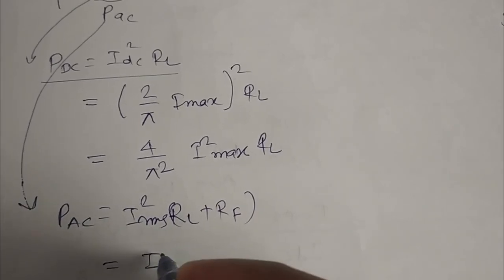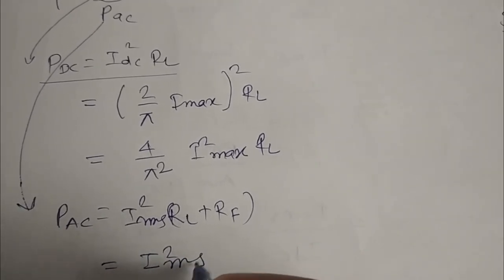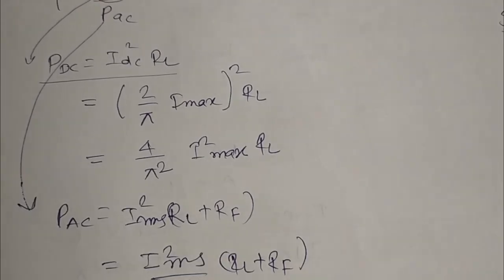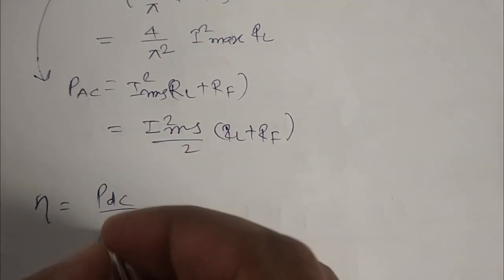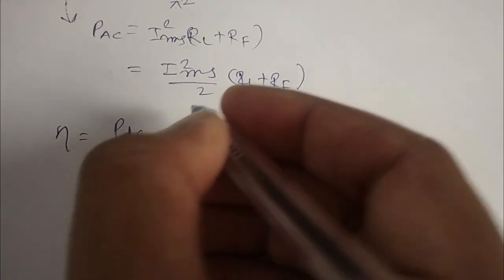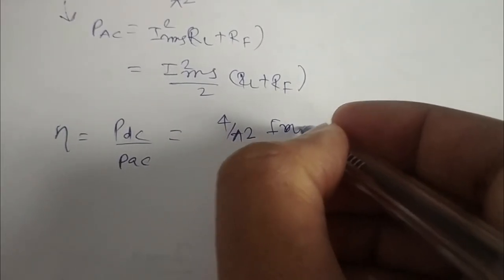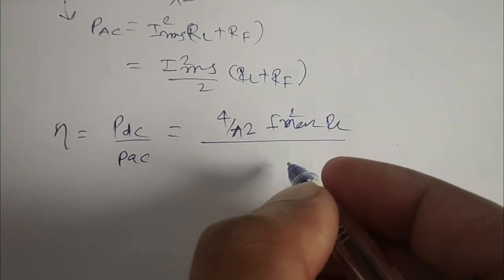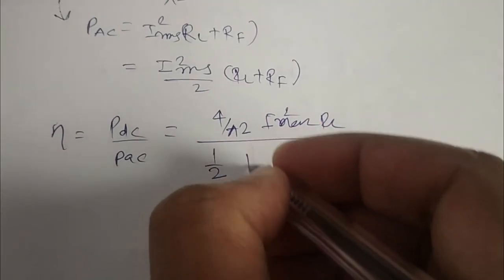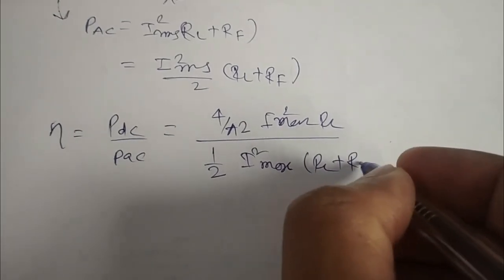IRMS we have calculated. If we simplify this, we will get I square RMS by 2 into RL plus RF. So the overall eta will be equal to PDC by PAC. It will be equal to 4 upon pi square I max square RL divided by 1 upon 2 I max square into RL plus RF.